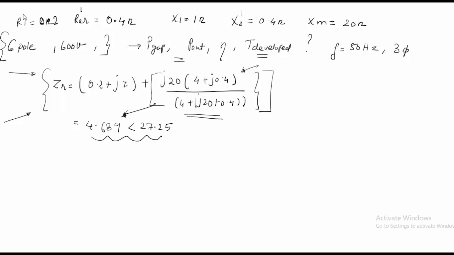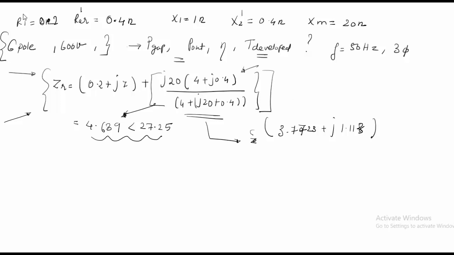And it's possible to show that this part, which is for the power transferring across the gap, will be equal to something like 3.7023 plus j of 1.118, or 3.77 plus j of 1.13.